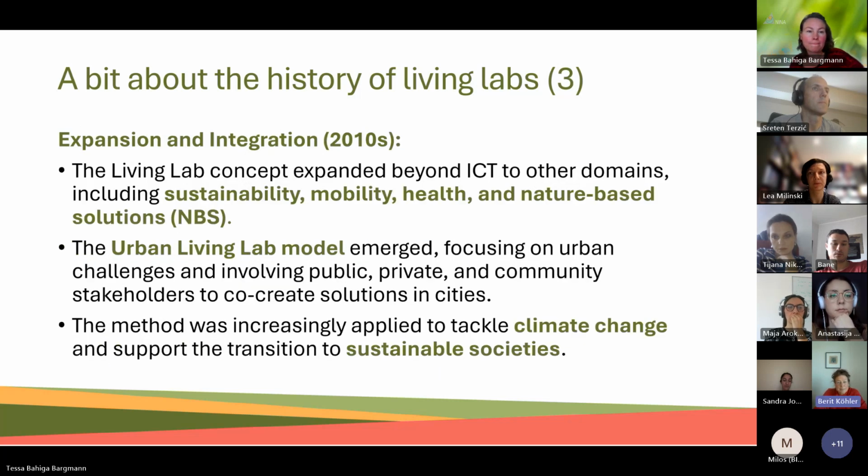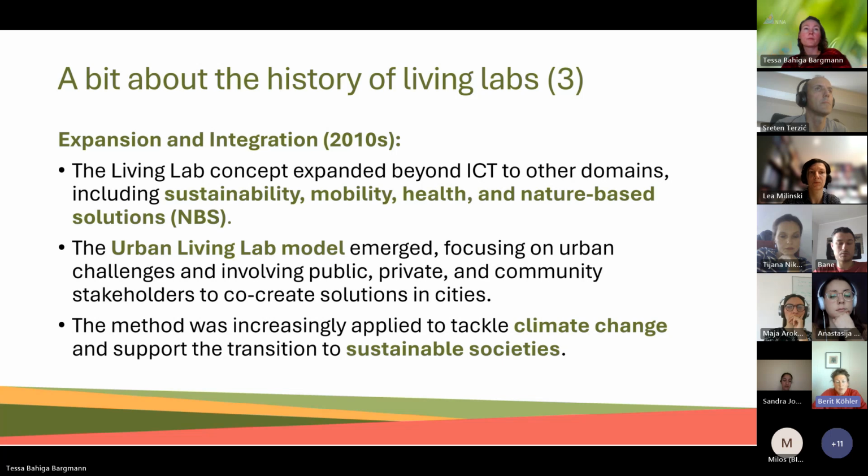Around 2010, the living lab concept expanded beyond ICT to other domains, including sustainability, mobility, health, and not least nature-based solutions.